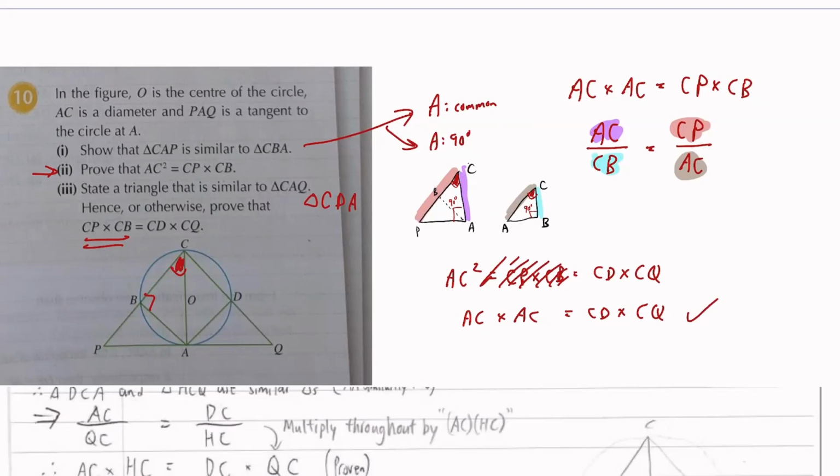What's the trick that I taught you just now? Something times something equals something times something. What do you need to do? Use triangles. Crisscross and then use a pair of similar triangles. So which is the pair of triangles you should be looking at?